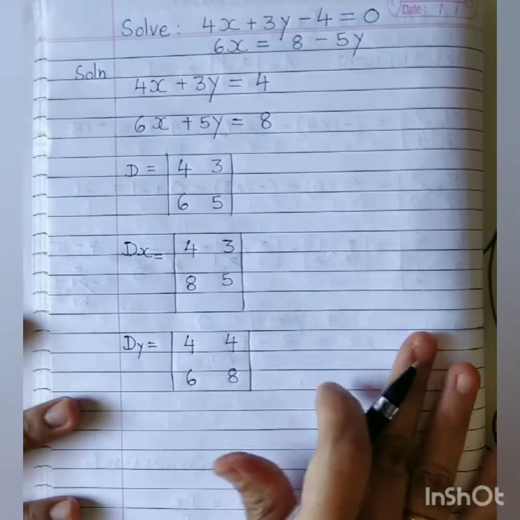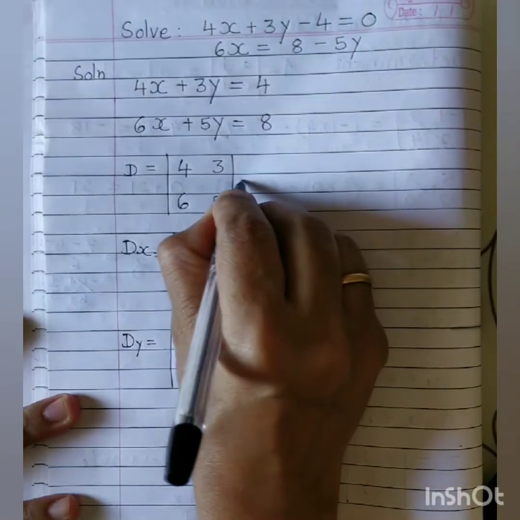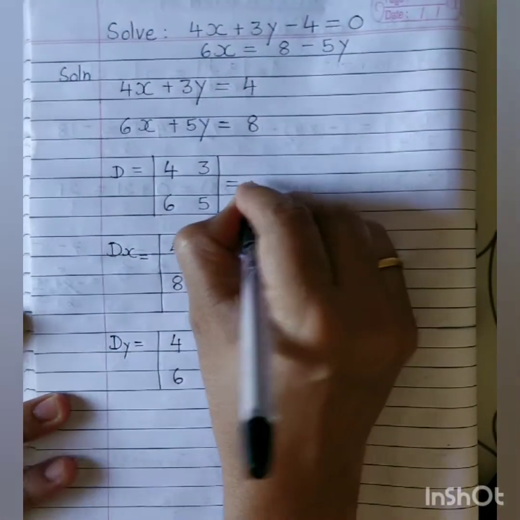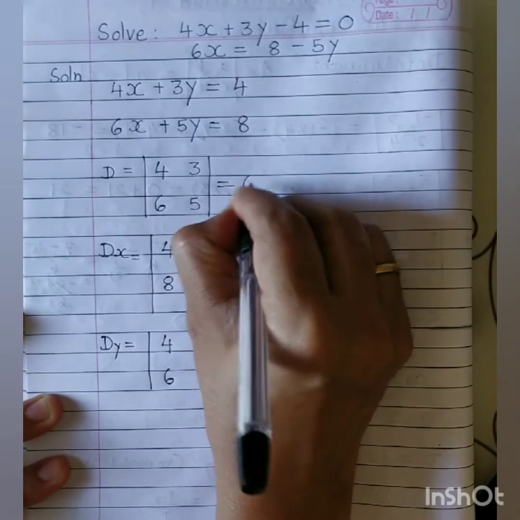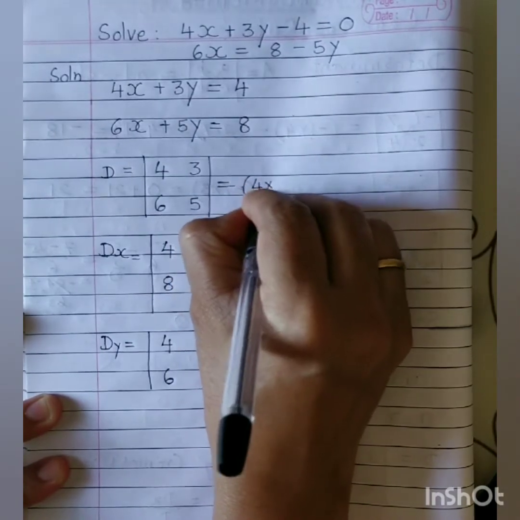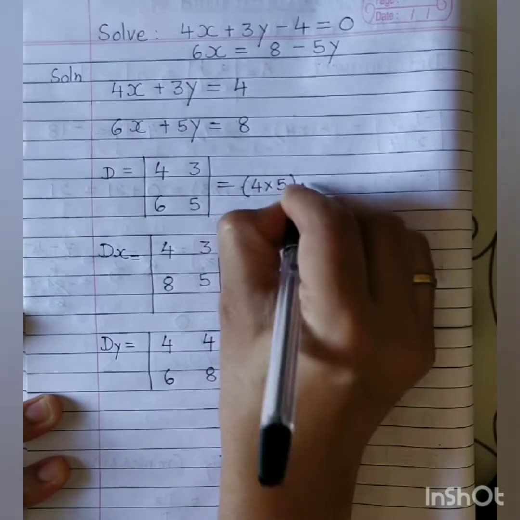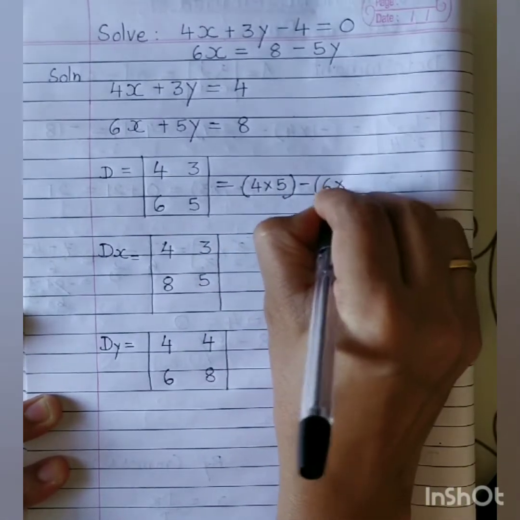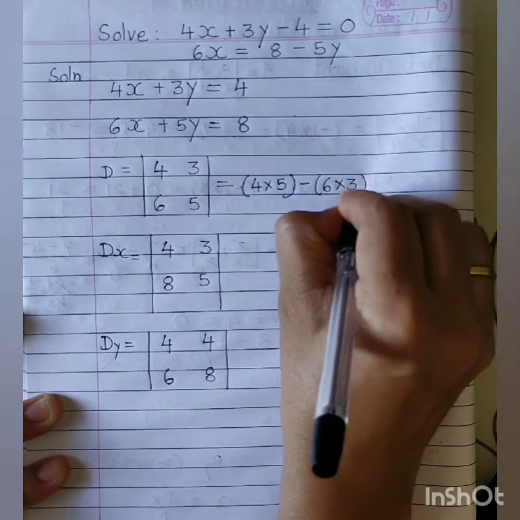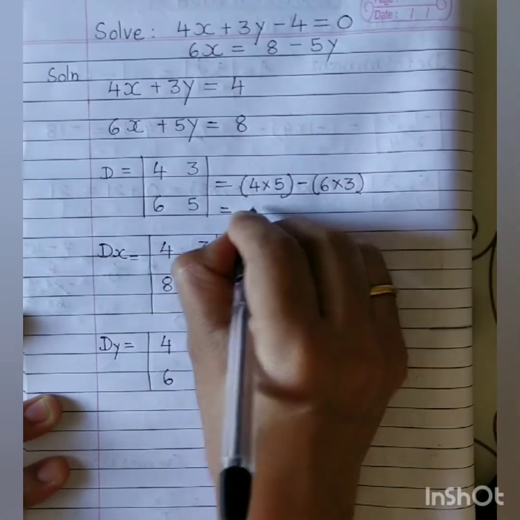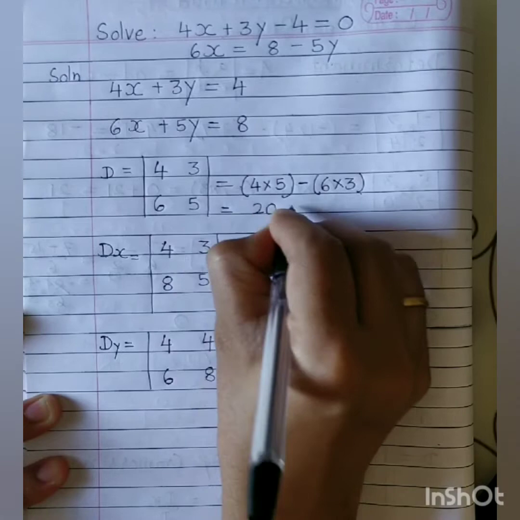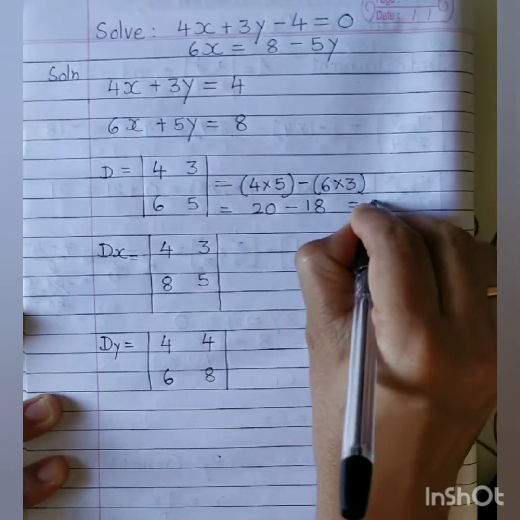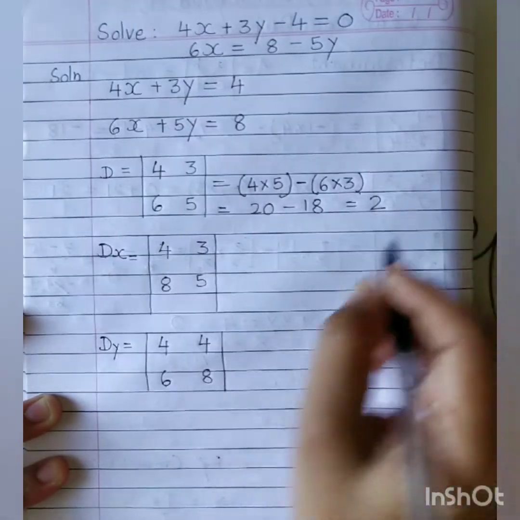After the three determinants are ready, you need to find their values. So do the cross multiplication. You have got 4 into 5 minus 6 into 3. So you have got 20 minus 18. The value of D is 2.